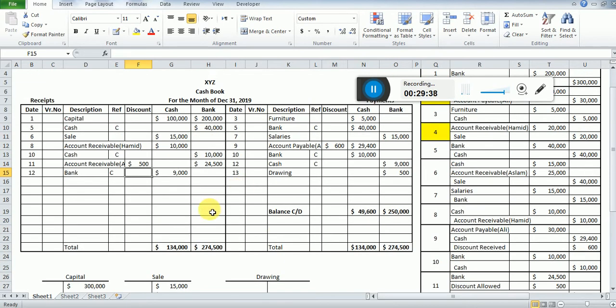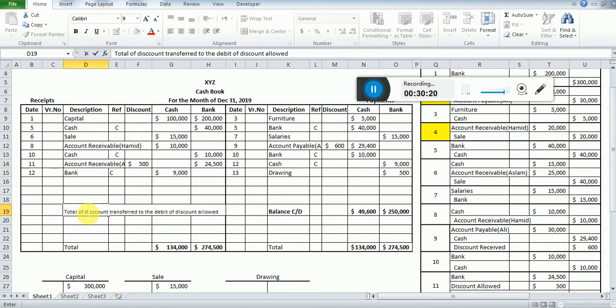Now it is corrected. So dear students, you also have to add this total. So you can say total of discount, or total of debit, total of discount transferred to the debit of discount allowed.